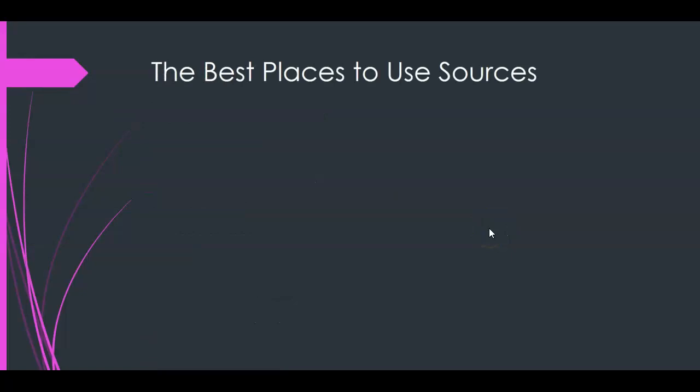So first off, though, we want to talk a little bit more about the best places to use sources, particularly when looking at an argument paper. One of the good places to think about finding a source to help you out is in background or context information.